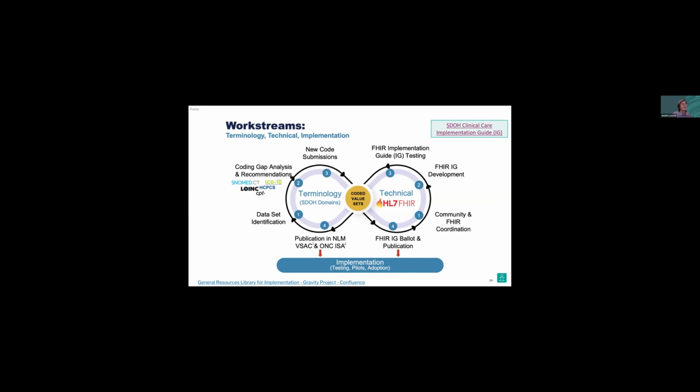A link to the latest FHIR implementation guide is in the top right corner of this slide, and you can access that at your will. You can see too that the coded value sets are a key central component to both of these work streams. And finally, their implementation work conducts tests, pilots, and helps support adoption of Gravity-related standards overall. Also of note, their work is vendor agnostic, which also follows HIE's stance on data standard development.